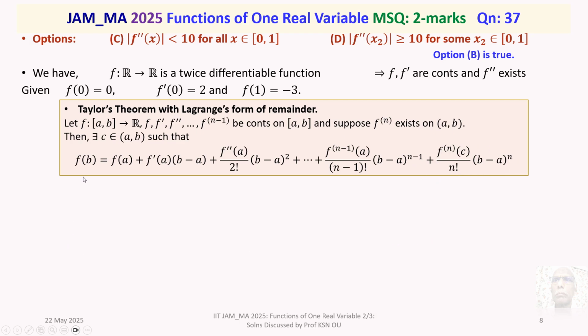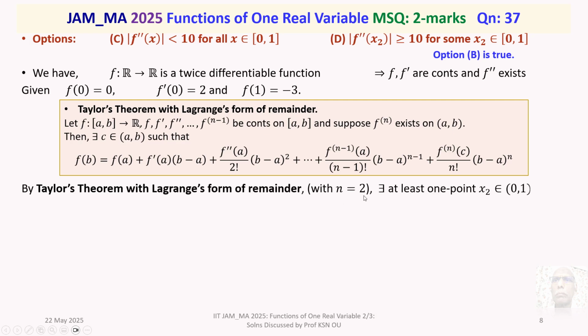Right. Now take this. We write b as 1 and a as 0. That means we are talking about the closed interval 0 to 1. So by Taylor's theorem with Lagrange's form of remainder, with n equal to 2, there exists at least one point x2 belonging to the open interval 0 to 1.